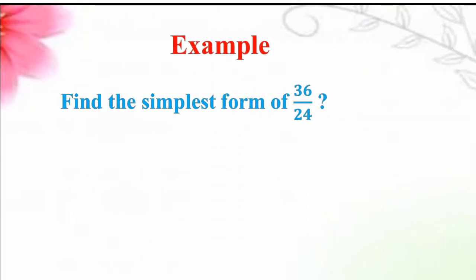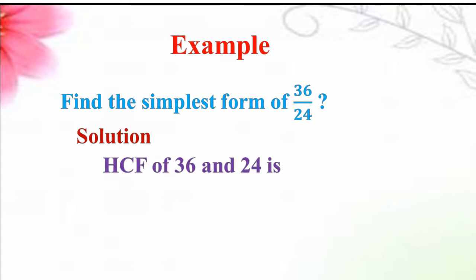Another example of a simplest form, that is find the simplest form of 36 divided by 24. Now we want to find the HCF of 36 and 24. Now we want to find the highest common factor, isn't it?